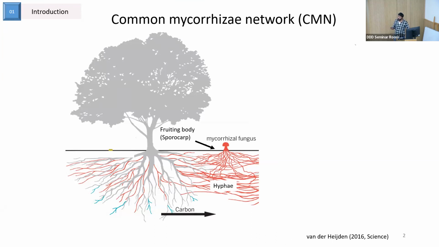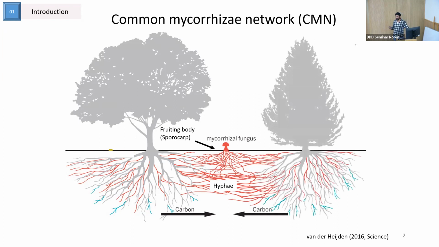But some of you maybe don't know that this mycorrhizal fungi can connect to several trees at once and allow the transfer, as previously shown by others, of carbon between different trees in the forest.